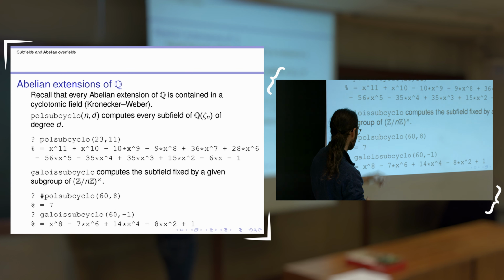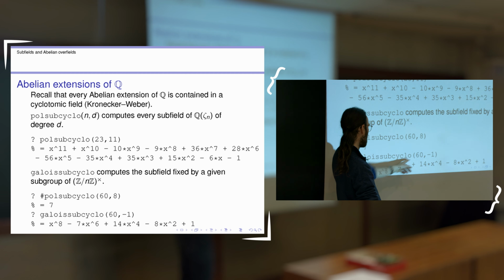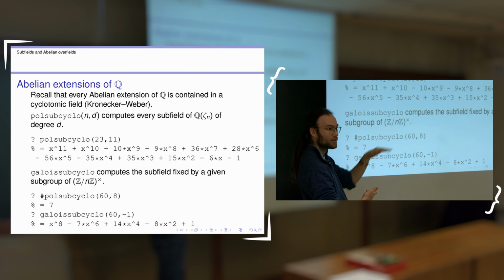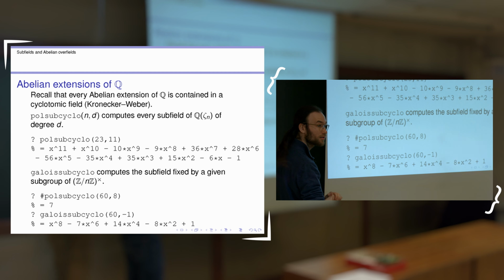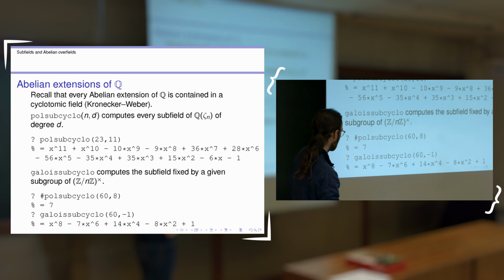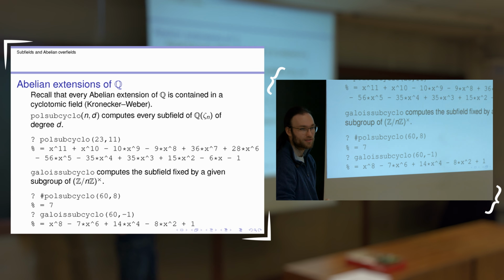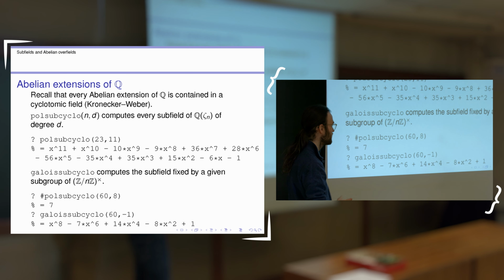So this is what I do here. For instance, giving n and -1 will compute the totally real subfield of the cyclotomic field, fixed by zeta goes to zeta inverse. In this case, there would be of course lots of degree 8 subfields, and you just want one of them.